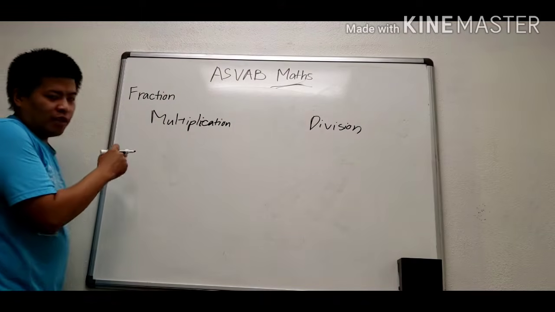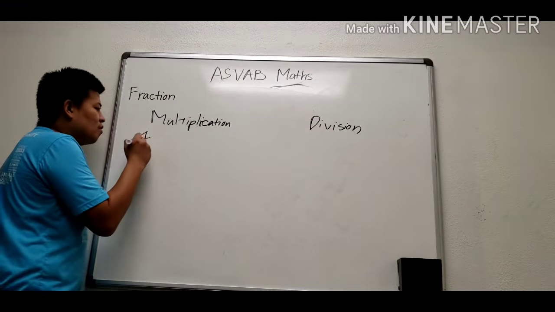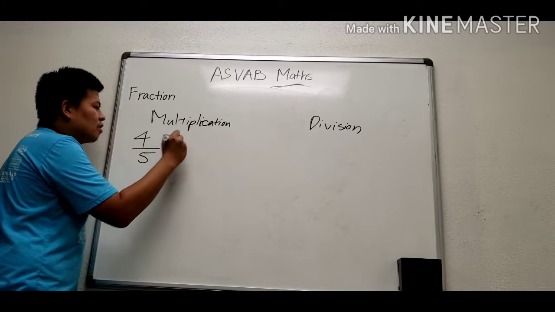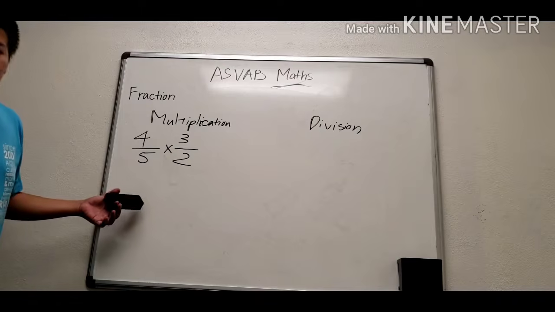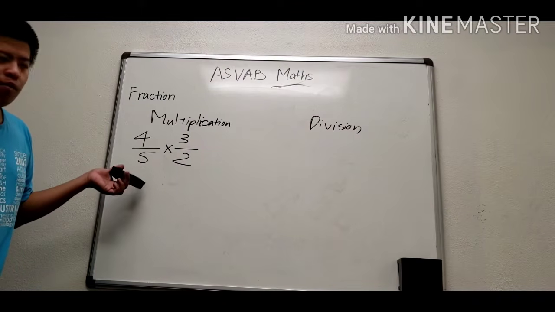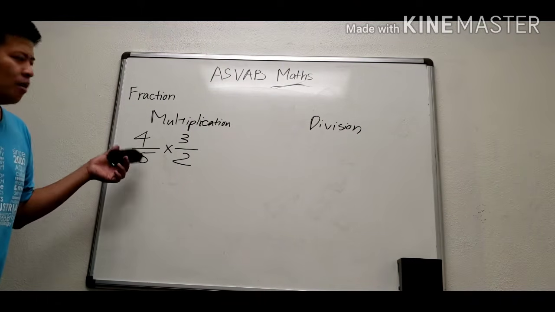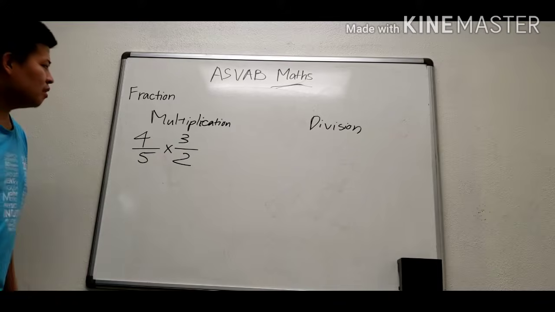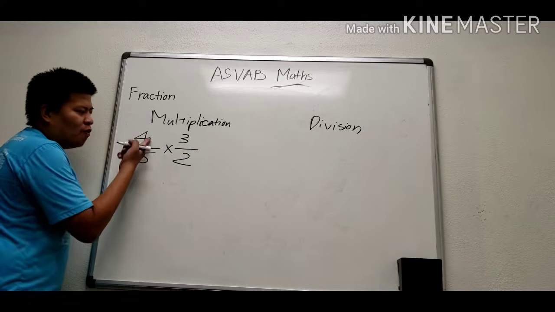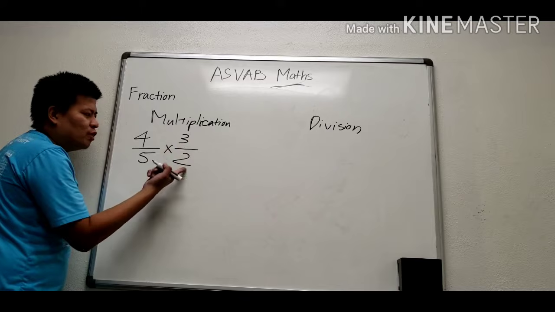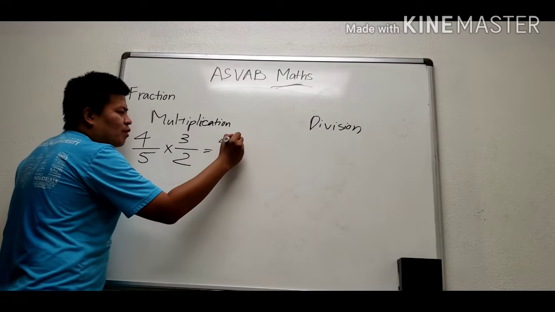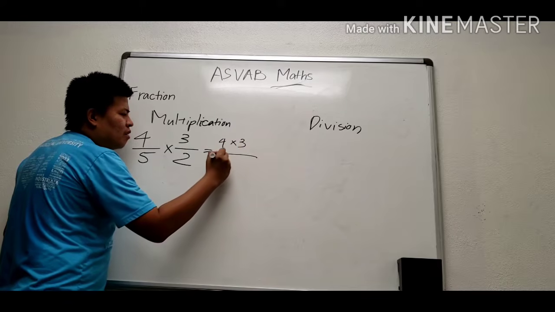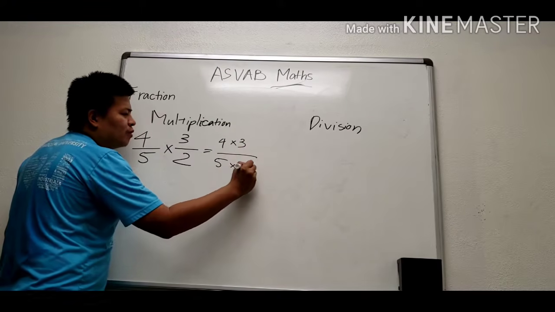In the fraction, for example, let's see the multiplication of two fractions in here. For example, 4 over 5 multiplied by 3 over 2. We will have 4 multiplied by 3, and 5 multiplied by 2.